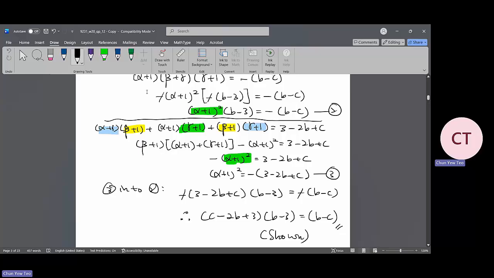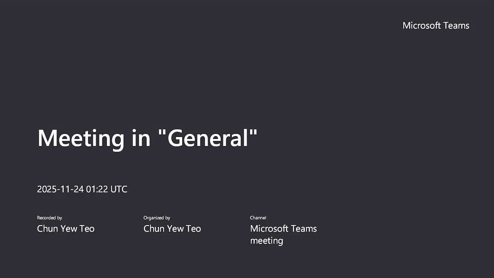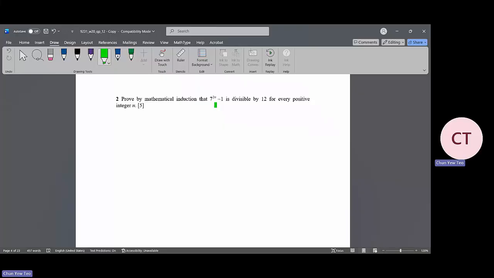Okay, so now move on. We have question number 2. We have a mathematical induction. Prove by mathematical induction that 7 power 2n minus 1 is divisible by 12 for every positive integer. So first of all, we let this expression be Fn, 7 power 2n minus 1.